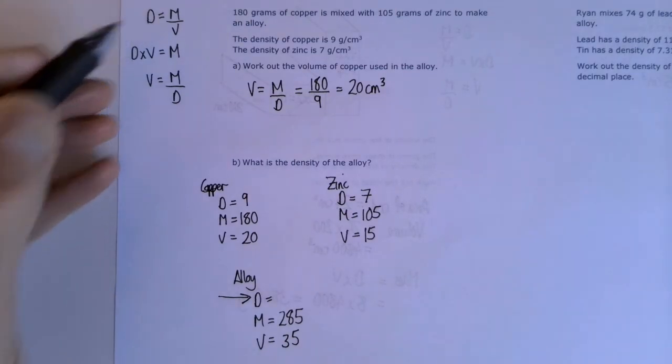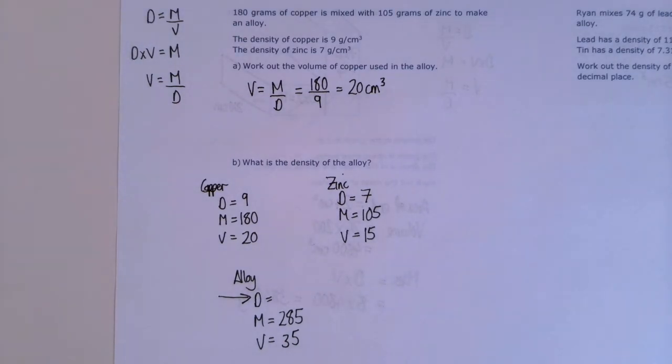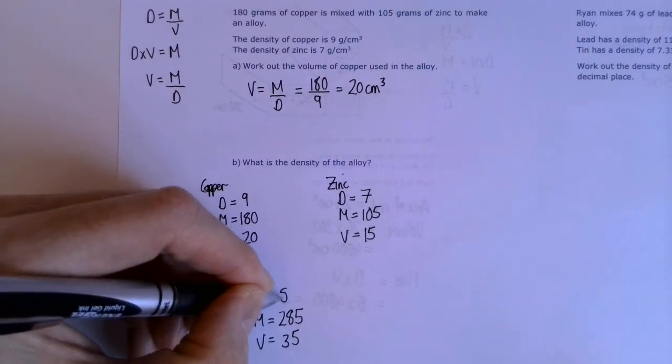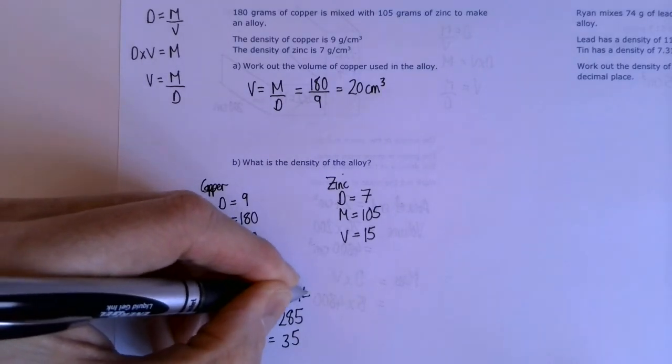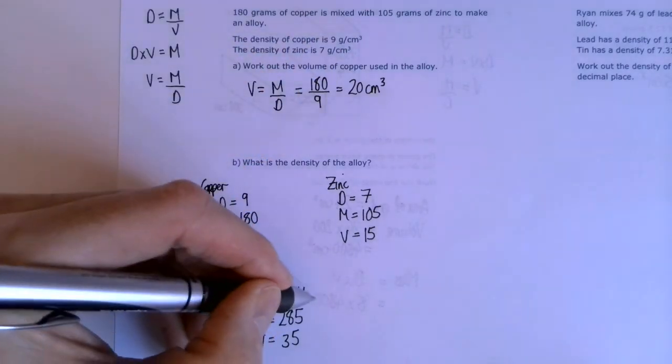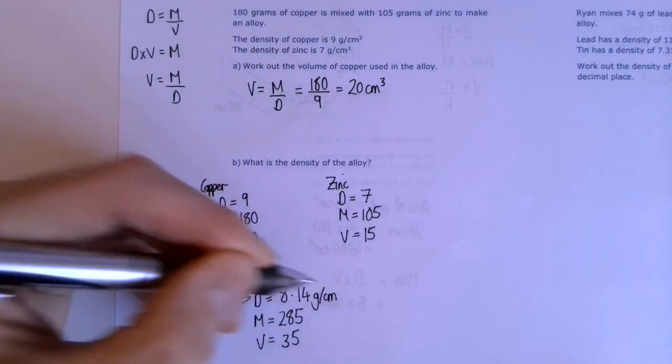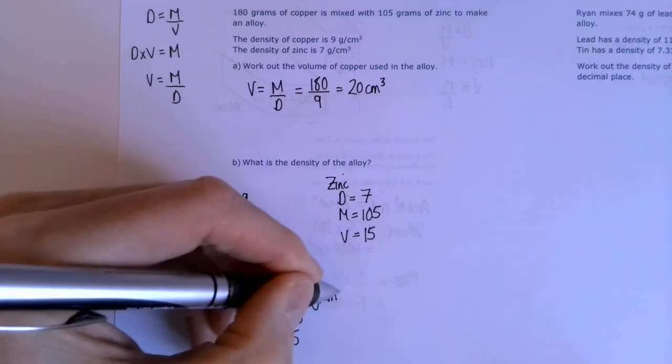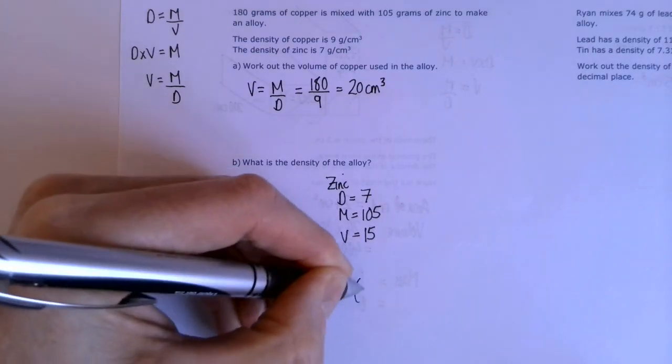So density is mass divided by volume, 285 divided by 35, and not a very nice number, so I'm going to round it to 2 decimal places. Now that's in grams per centimetre cube. Density means every centimetre cube, that's how much it weighs.